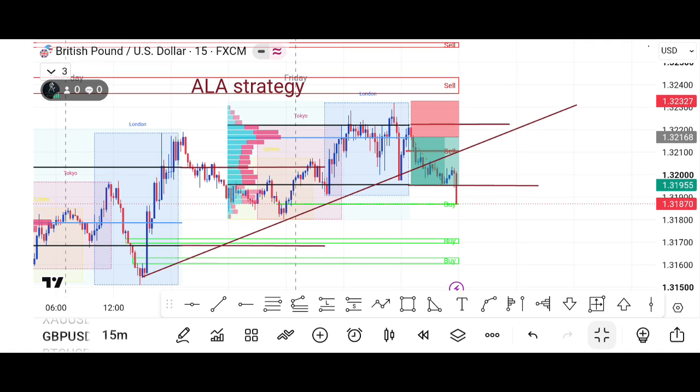That's why we broke right here, and then we went down. That's why I took that trade with precision. I didn't guess. I knew that the strategy would work, and I took that trade.